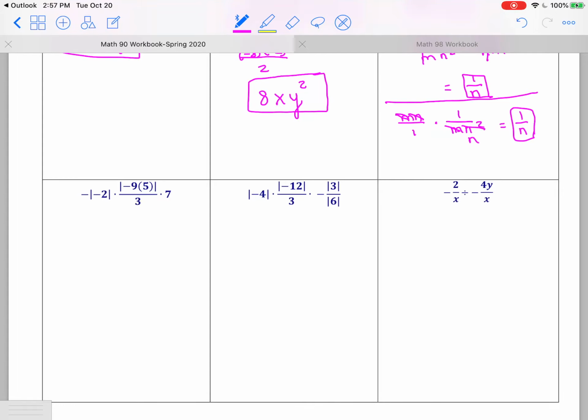All right, let's take a look at this example down here to the left. We have some absolute value marks in this, and we need to think about order of operations here. We also need to remind ourselves what absolute value means. Remember that absolute value is distance from 0.